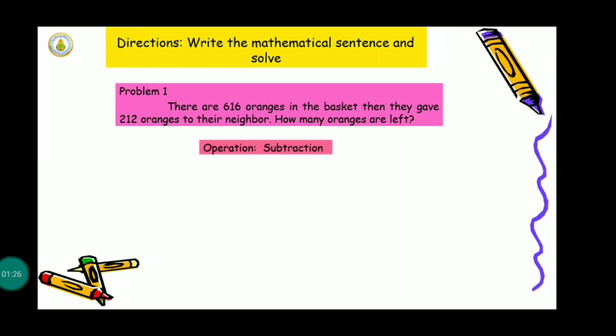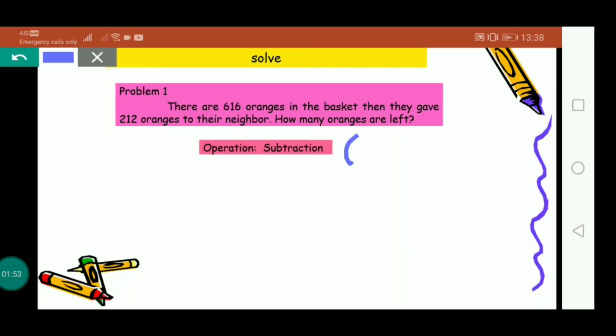As we can see, there are 616 oranges, but they gave away 212 oranges to their neighbor. So the operation that we are going to use is subtraction. So we're going to minus. The numbers here are 616 and 212. So let's solve.